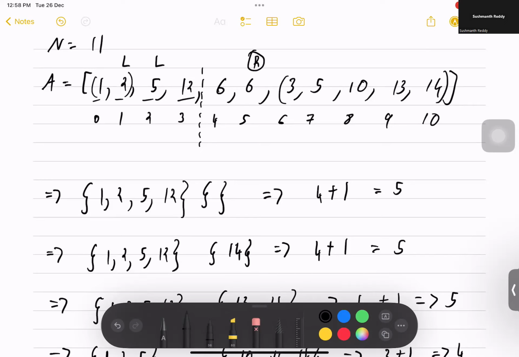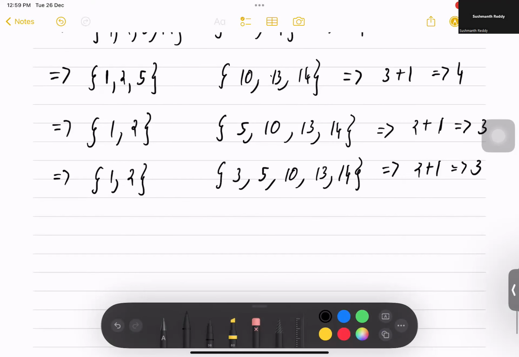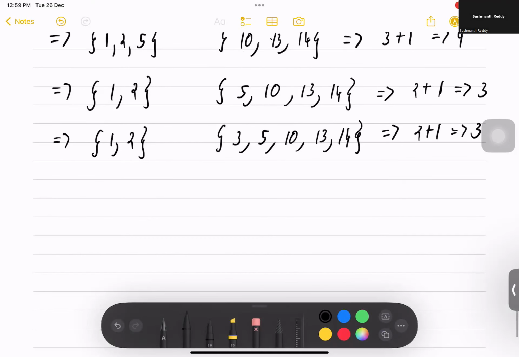Similarly, we can fix L over here and we can fix L over here. So there are 3 choices to fix L. If we fix L over here, it means we are picking an empty prefix. If we fix L over here, that means we are picking a prefix which has value 1 in it. If we fix our L over here, that means we are picking a prefix whose value is 1, 2. So there are 3 choices.